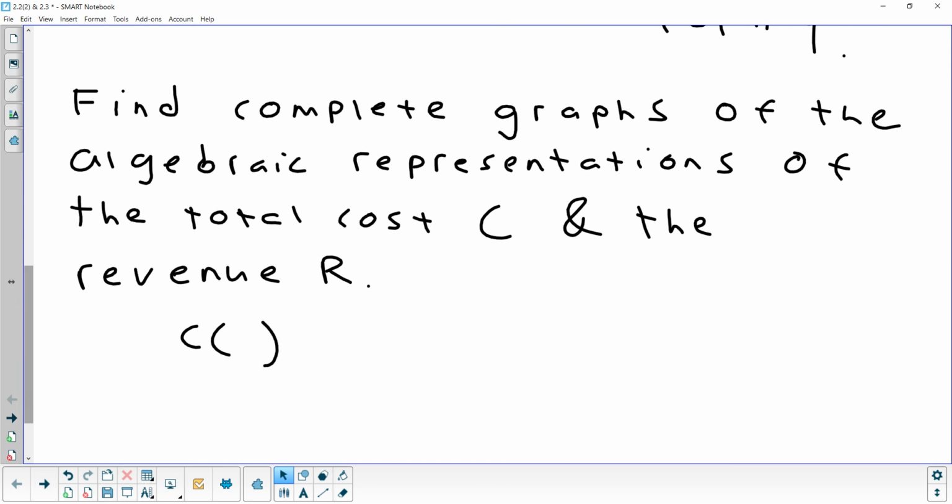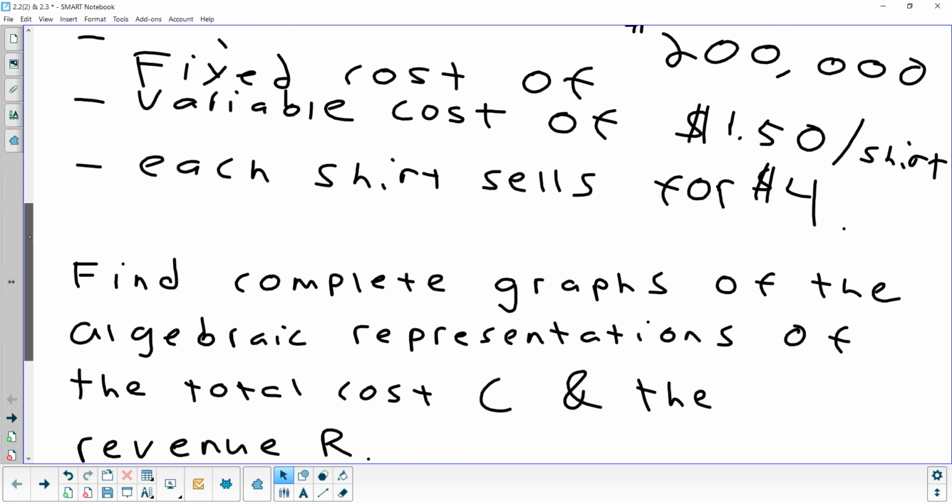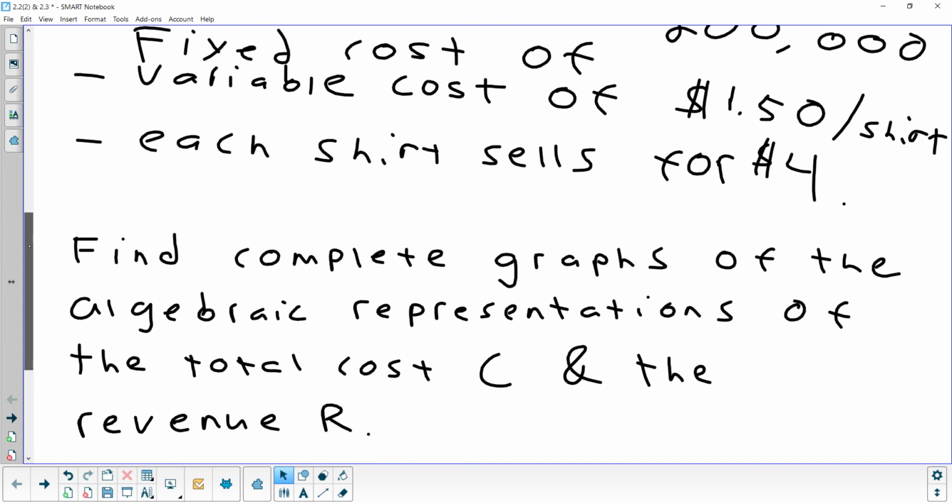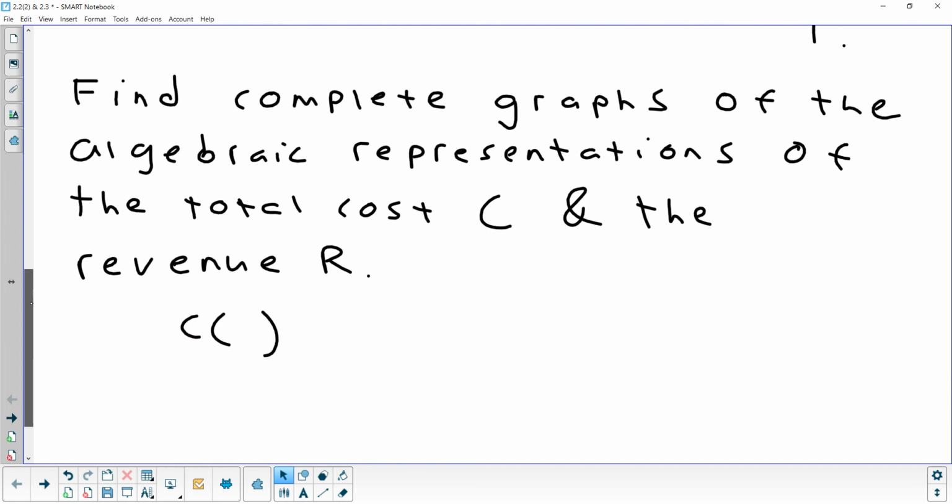Now, we have to pick a variable to represent the number of shirts that we produce. And just to keep it simple, we'll assume that the number of shirts we make is the same as the number of shirts we sell. Because if you make 1 million shirts and you don't sell any of them, now you've lost even more money.